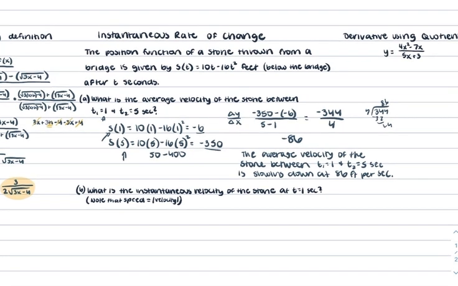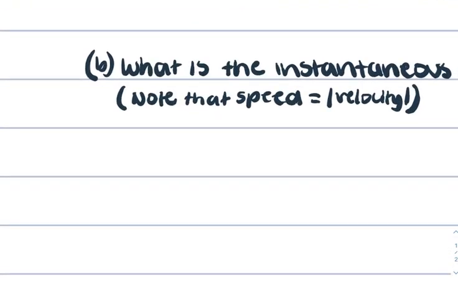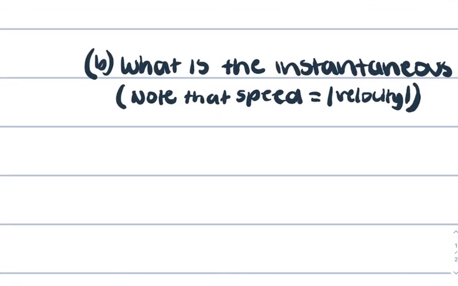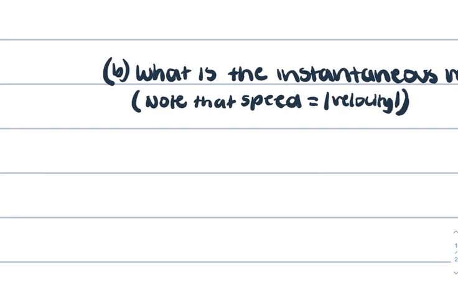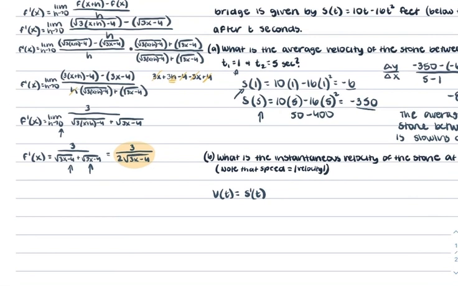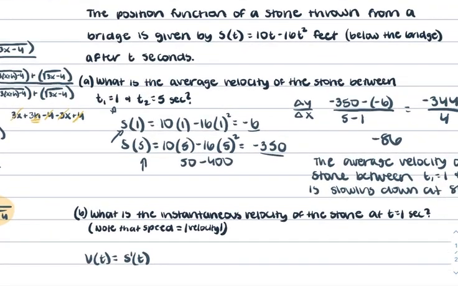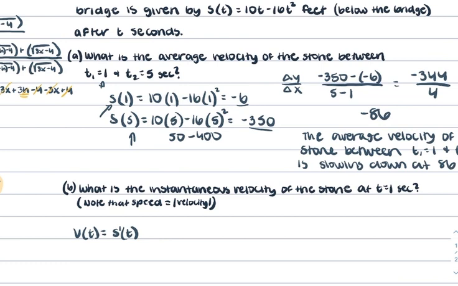The second one is talking about the instantaneous velocity of the stone at t equals 1 second. In that case, it's wanting the derivative value. If you remember from the notes, velocity equals the derivative of the position. The position function is up here, s of t, and the velocity would be the derivative of the position.